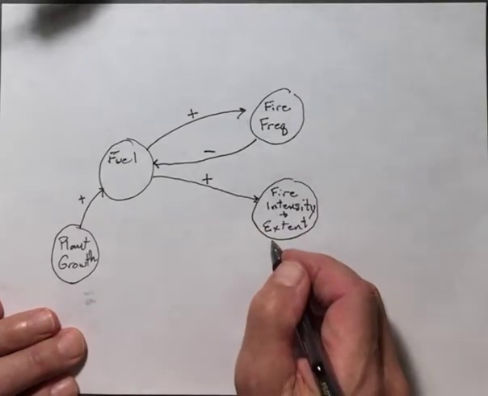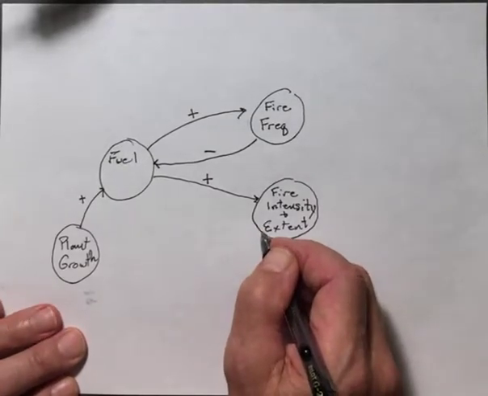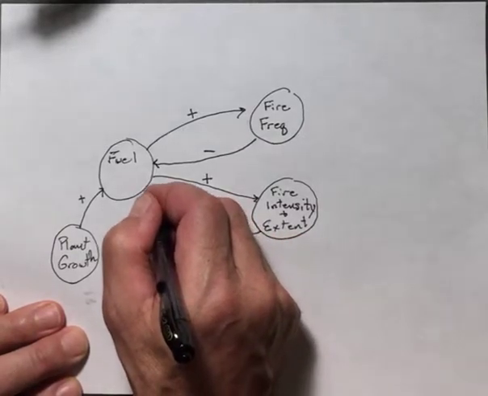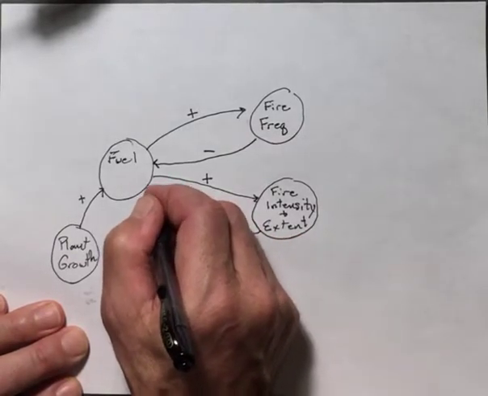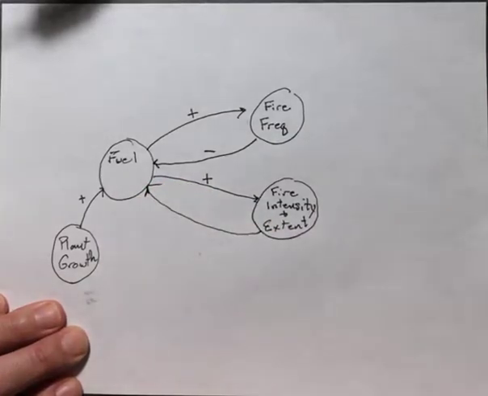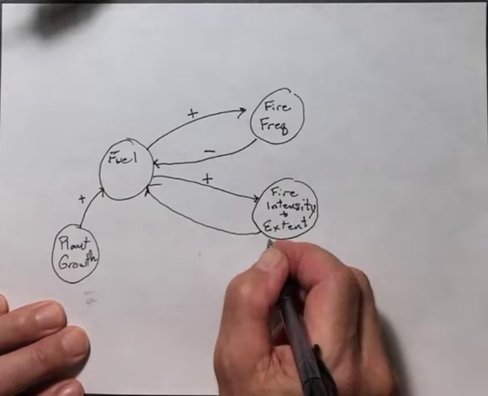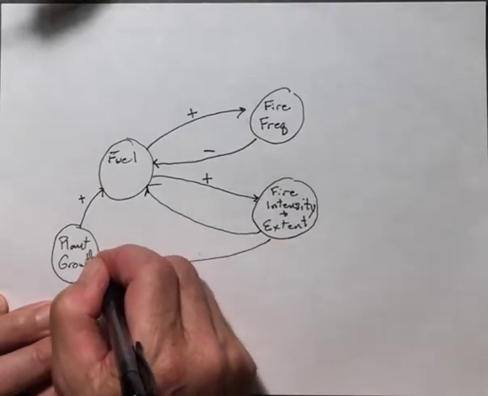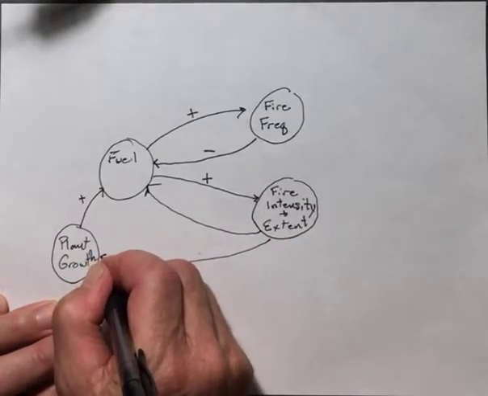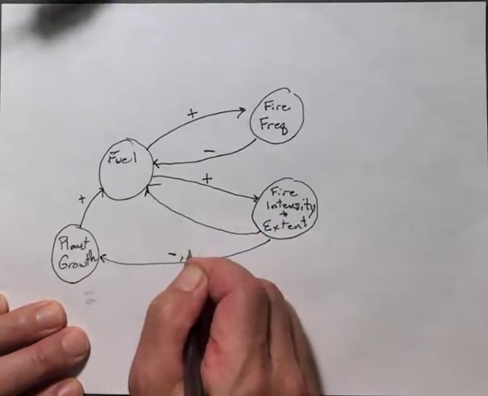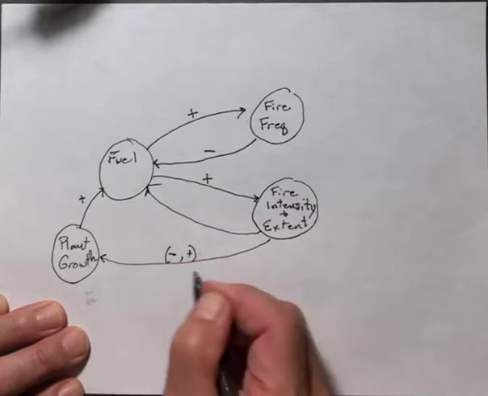Similarly, when you have big fires, as fire gets hotter, it burns up more fuel. Of course, when fire gets really hot, it kills things and can reduce some plant growth, but this is kind of a mixed bag. Sometimes it does one thing, sometimes it does another.